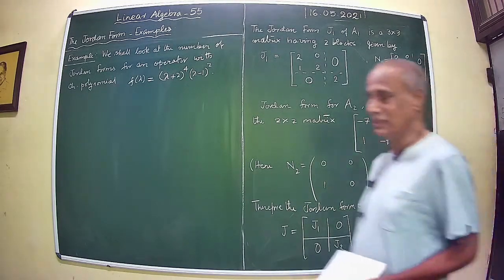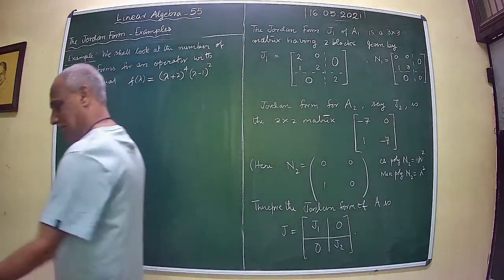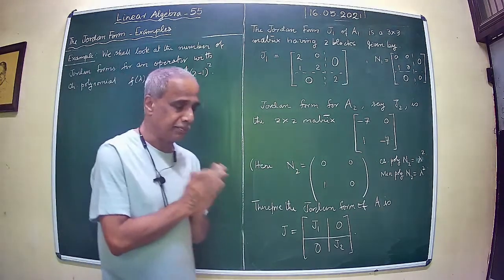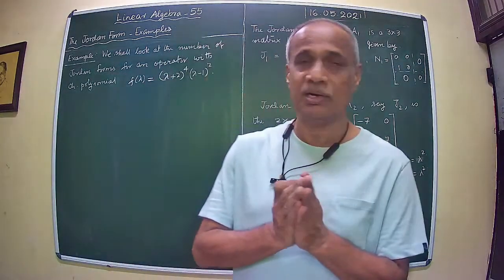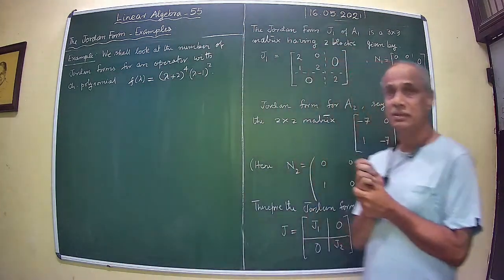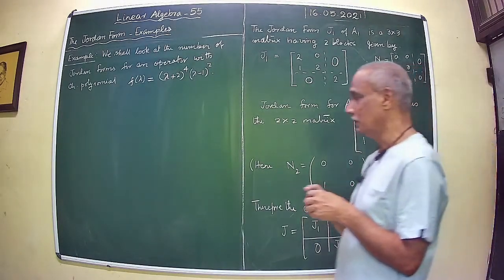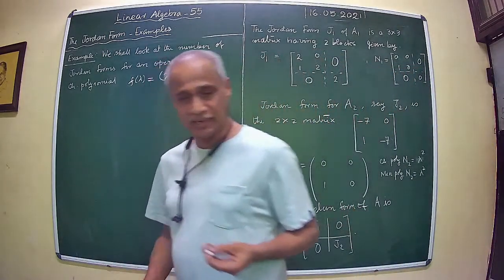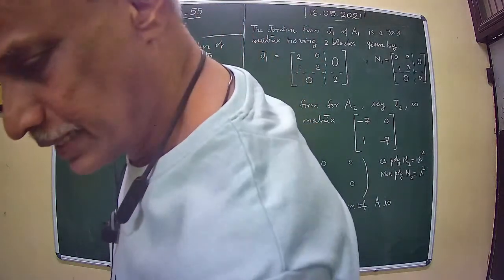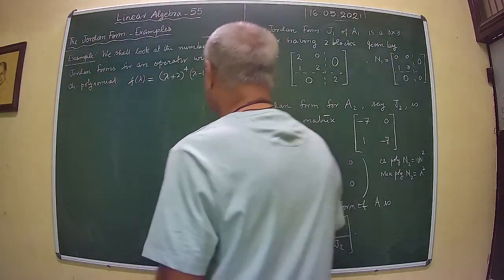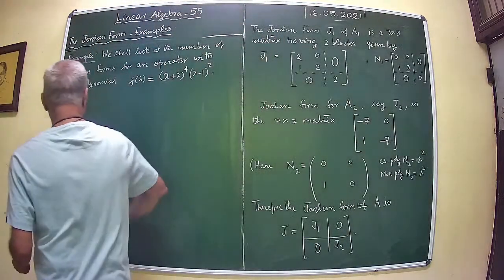You know that the minimal polynomial of the operator plays a significant role in determining the Jordan form, that we know already. Therefore, let us look at all possible situations that can arise in this case.